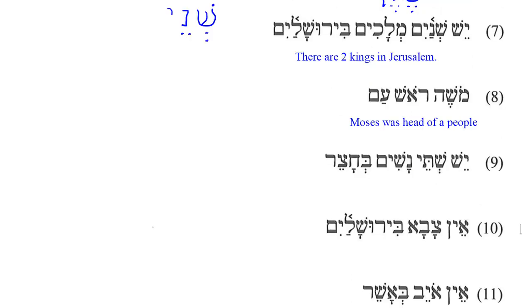Let's look at number 9 here. We have Yesh Shetei Nashim B'Chatzer. Now here we have a different word for 2. It goes with feminine nouns. And here we have Nashim. This is our word for women.